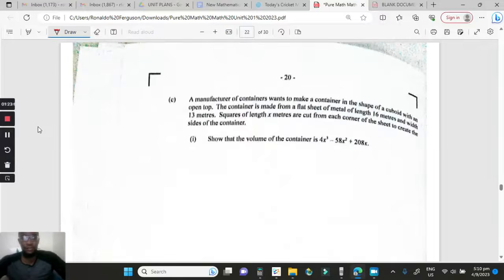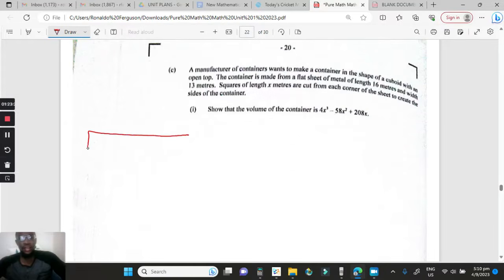Alright. Now this question says a manufacturer of containers wants to make a container in the shape of a cuboid. The container is made from a flat sheet of metal 16 meters in length and 13 meters in width.